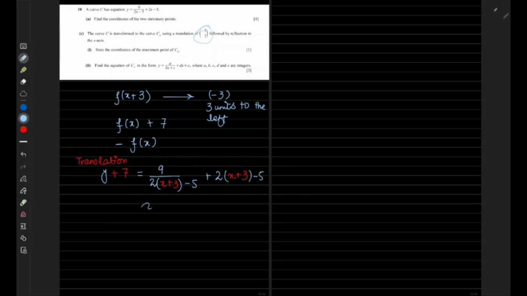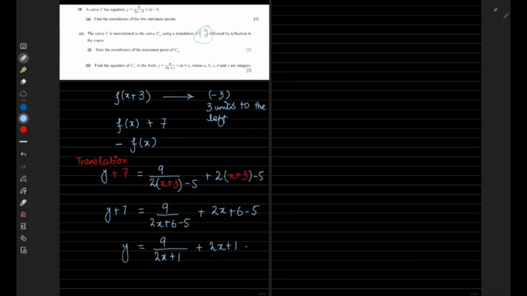Simplifying this, we'll get 9 over 2x plus 6 minus 5 plus 2x plus 6 minus 5. So that gives you 9 over 2x plus 1 plus 2x plus 1.